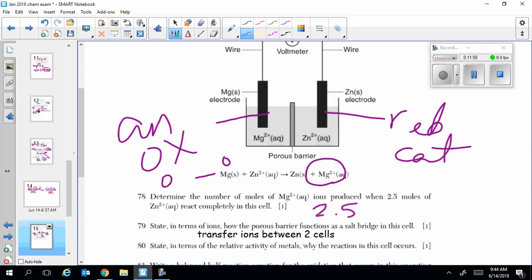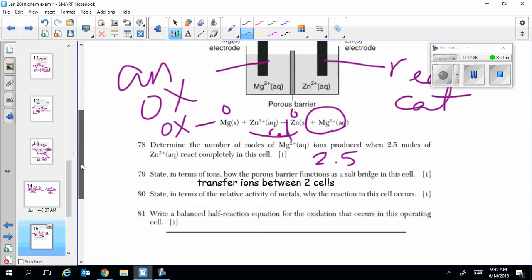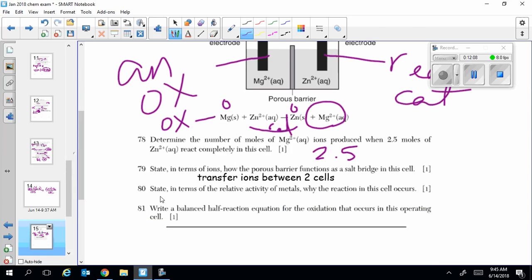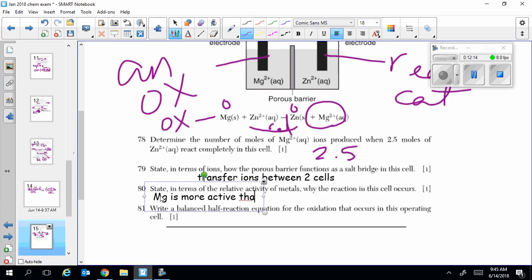So Mg is oxidized, and then zinc is going from a +2 down to a 0, so this one is reduced. All right, so state in terms of the activity of the metals why this occurs. Magnesium is more active than zinc. Okay, so in terms of activity, this is oxidized because it's more active than Zn.